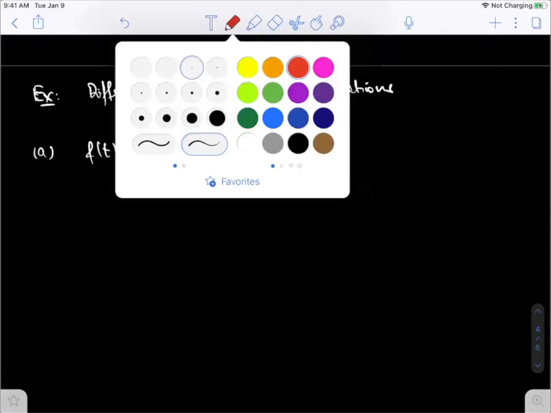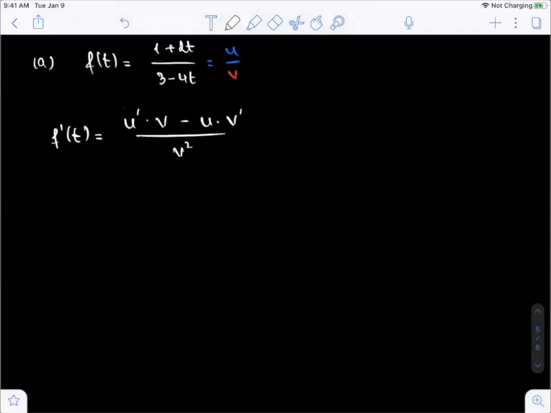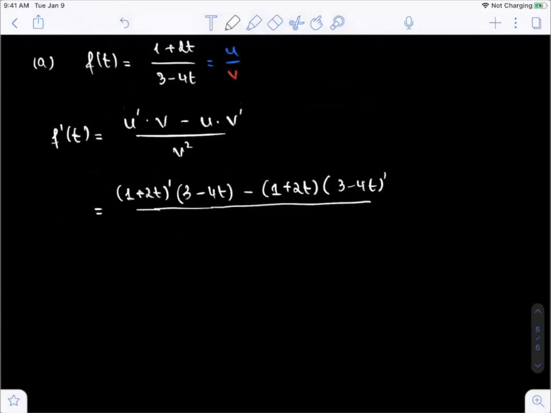So f prime of t is u prime times v minus u times v prime, divided by v squared. Well, this should give me 1 plus 2t prime times 3 minus 4t, minus 1 plus 2t times 3 minus 4t prime, and v squared is 3 minus 4t squared.